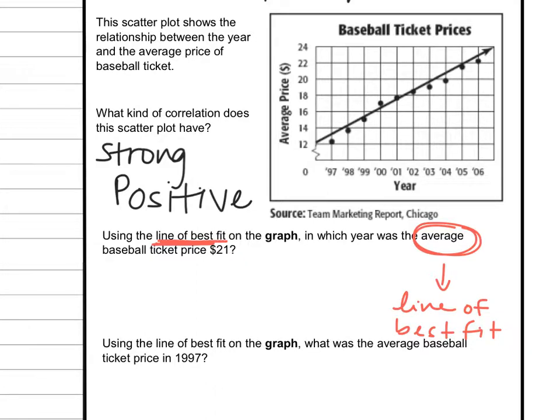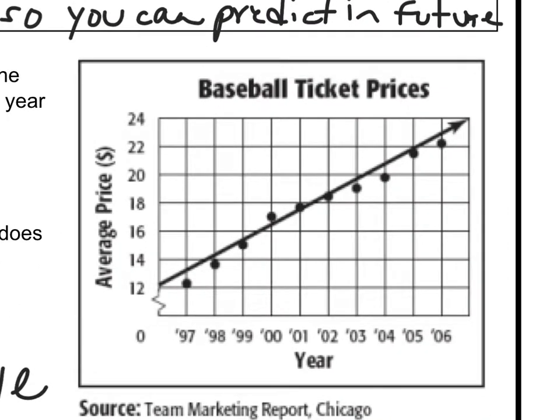So $21. I'm going to go to my graph, and I'm going to find $21 on the graph. Right there, halfway between 20 and 22. If I want to know the year, what do you think I should do? Go across. Keep it as straight as you can.